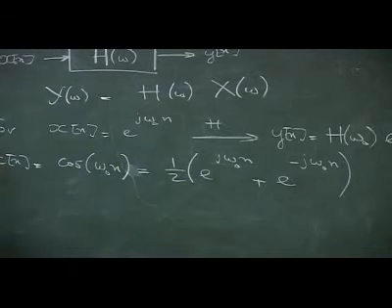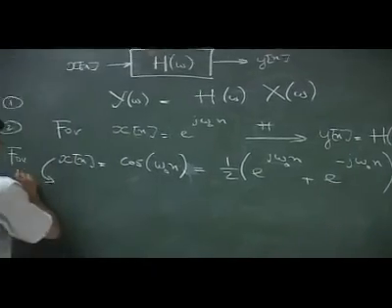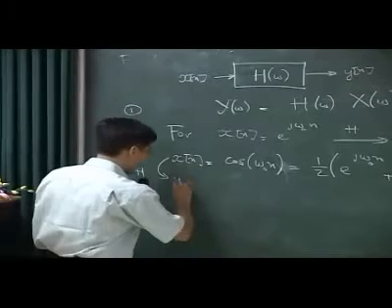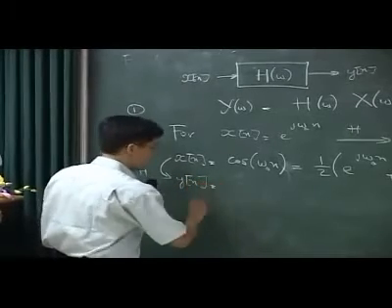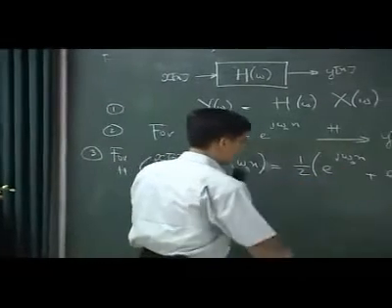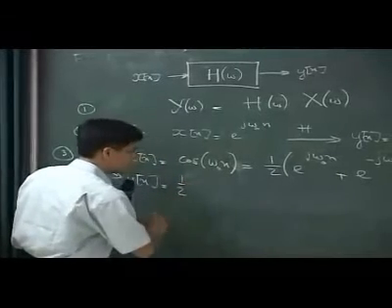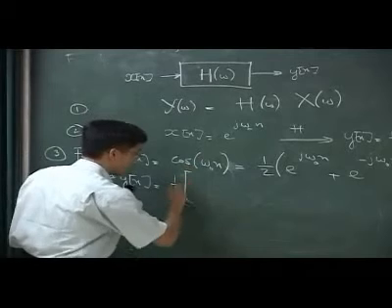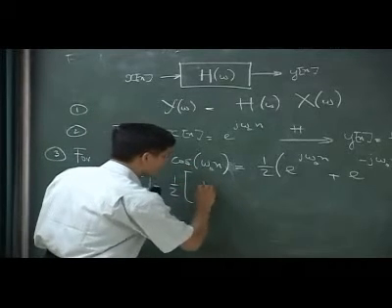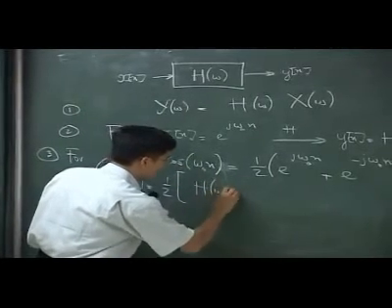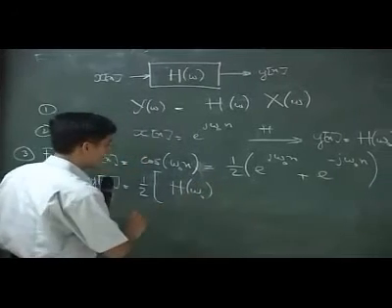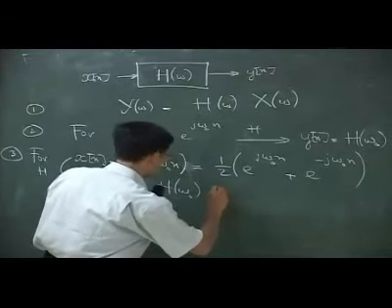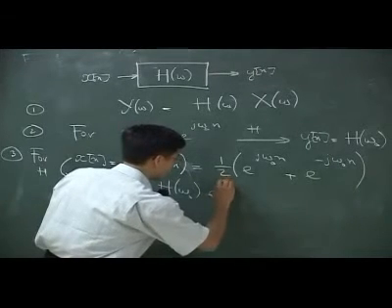And now I'm going to put this signal through the system H. Then I would get y[n] equal to 1/2 times H(ω₀) e^{jω₀n} plus H(-ω₀) e^{-jω₀n}.